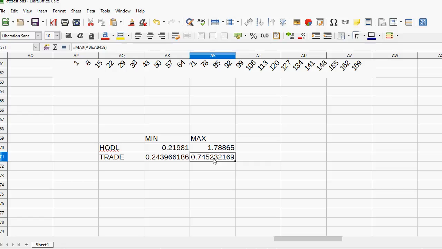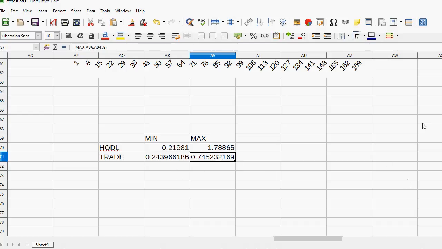Therefore, the formula for this is you take the log of the current price divided by the min, and you divide that by the log of the highest price divided by the minimum price.